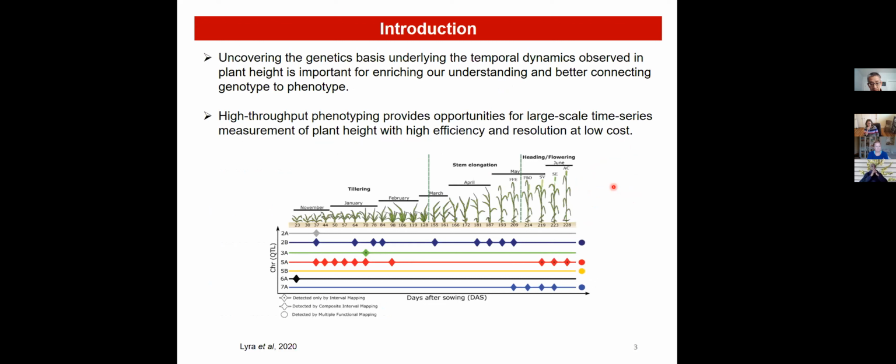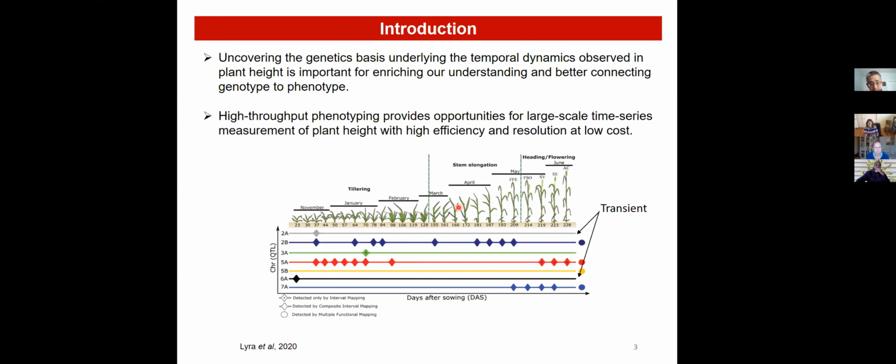So it is therefore important for us to uncover the genetic basis underlying these temporal dynamics that we see in plant height, because not only will it help us to enrich our understanding, but also to better connect genotype to phenotype. On this figure here, we can see a recent study on wheat that also focused on the developmental process, and they identified 3 types of QTL.